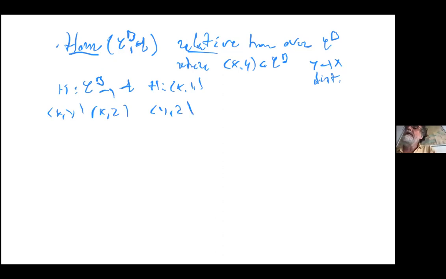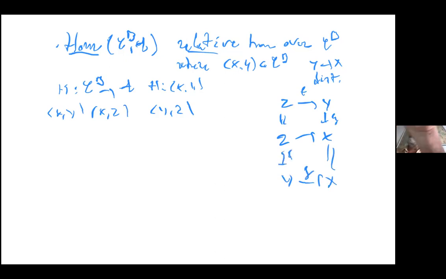A triple is just Z to Y to X, Z here. You have an f, you have a g. This is the identity, and Y to X. This is the identity, and here you have f and g.